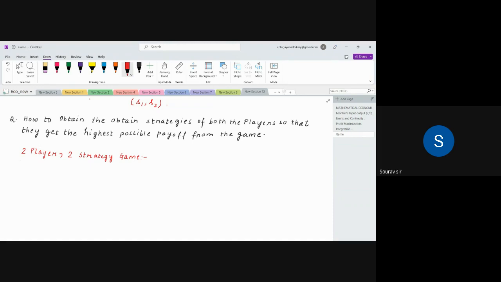In your coming semesters, we will be elaborating more. Typically, your strategy set S1 will consist of only two elements, S11 and S12, and your strategy set capital S2 would consist of two elements, S21 and S22.